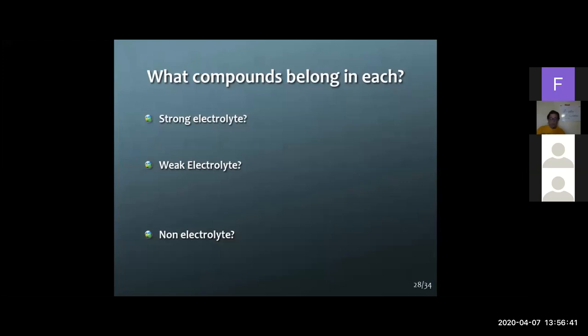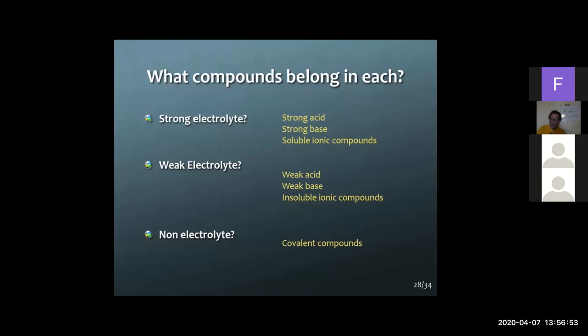So if something is designated as a strong electrolyte, it's either going to be a strong acid or a strong base, or an ionic compound that's soluble based on the solubility rules.